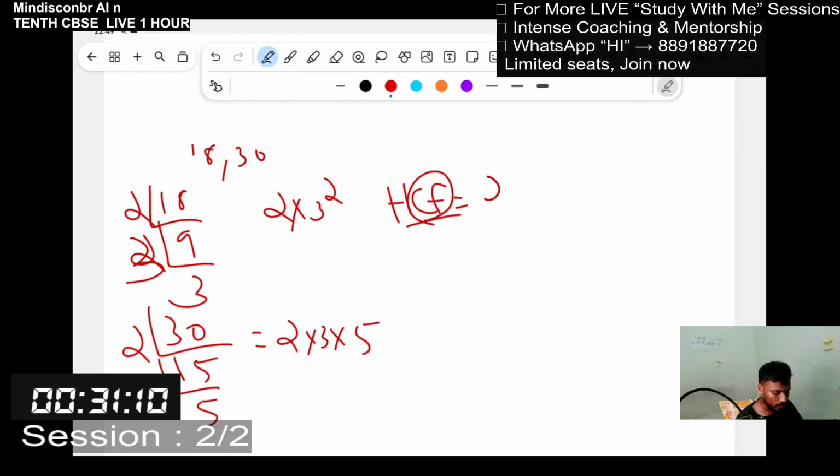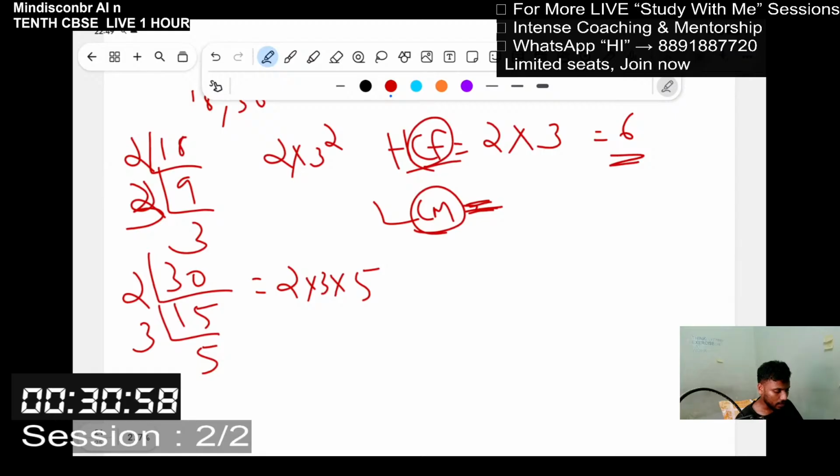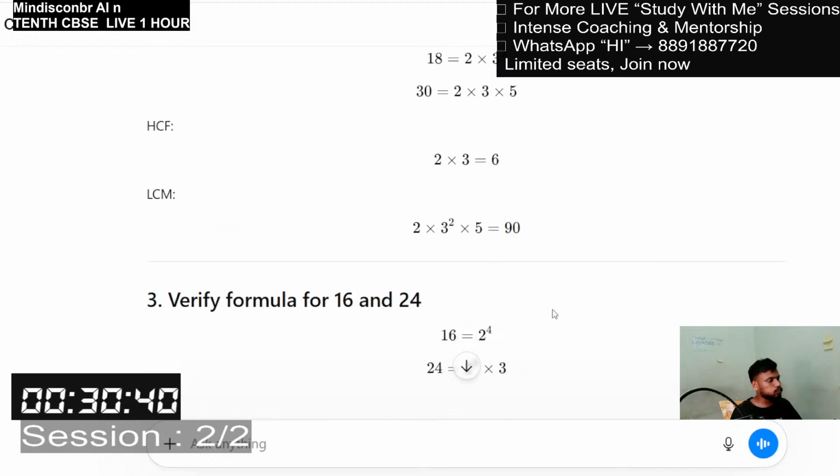In 2 and 2 there is only 2, and in 3 square and 3 the lowest is 3. 2 into 3 is equal to 6. Similarly LCM, lowest common multiple, we have to take all the factors, not only common factors. In 2 and 2 we take 2. In 3 square and 3 we take the highest, 3 square, into 5. So 2 into 5 is 10, 10 into 9 is 90. HCF is 6 and LCM is 90.